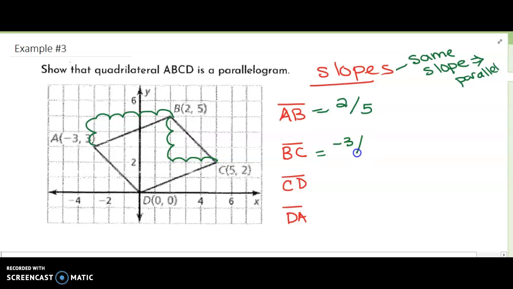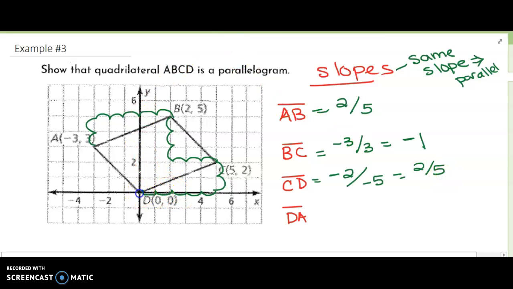So -3 over 3 is just -1. Okay, CD. Now I'm going to go down 1, 2. So -2 over, and then left 1, 2, 3, 4, 5. So -2 over -5 is just a positive 2/5.